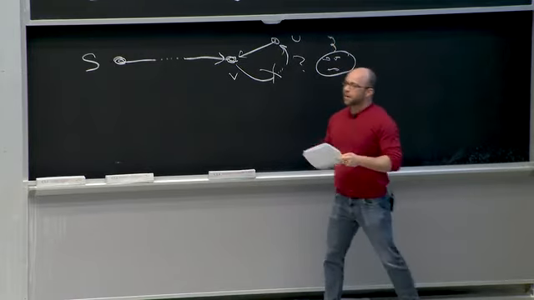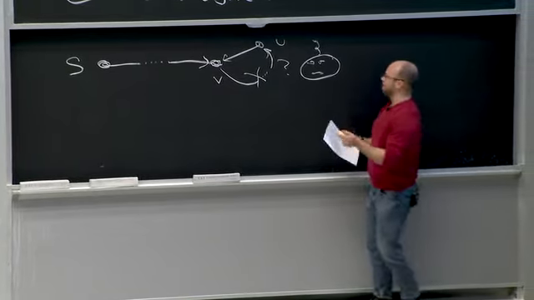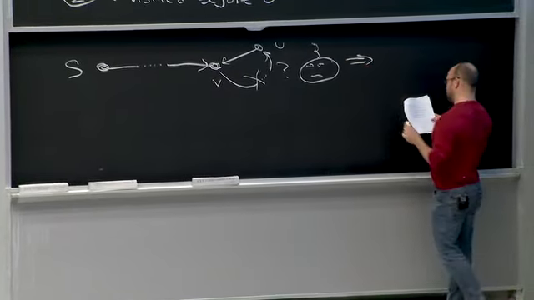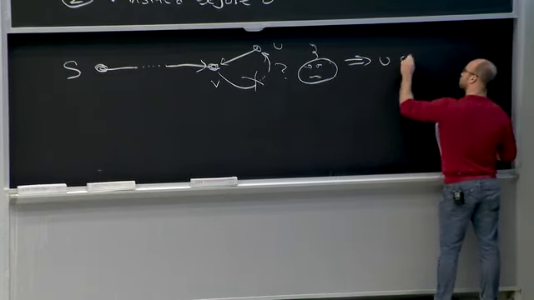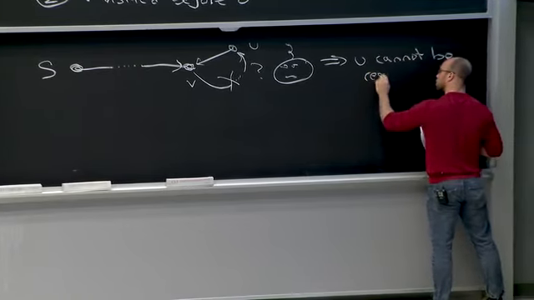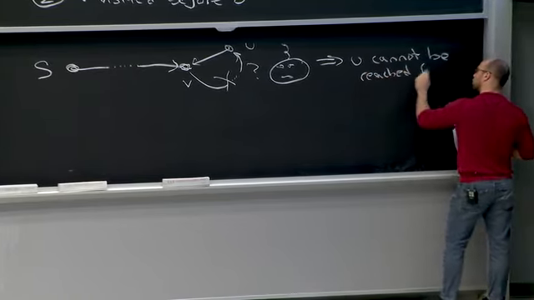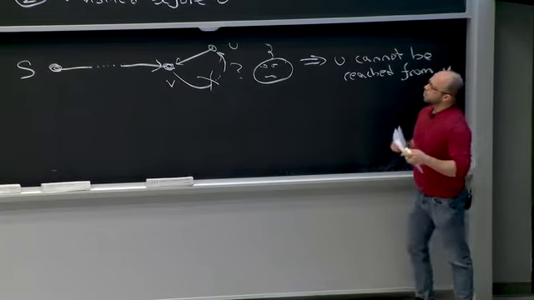Okay. So what does this mean? Well, by this picture, we know that U cannot be reached from V. So what does that mean?